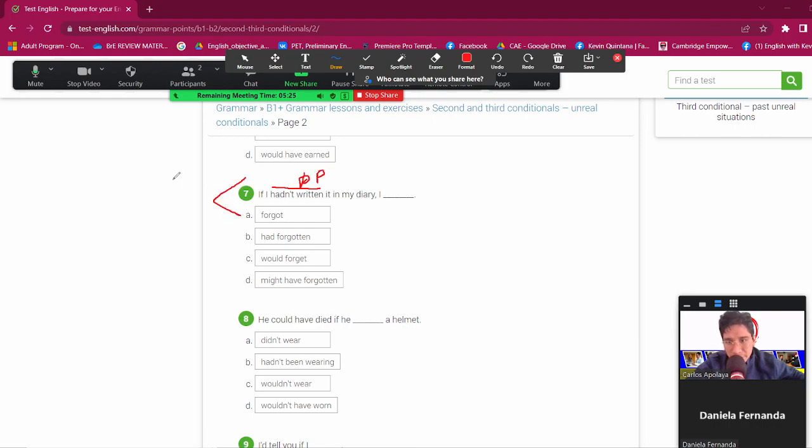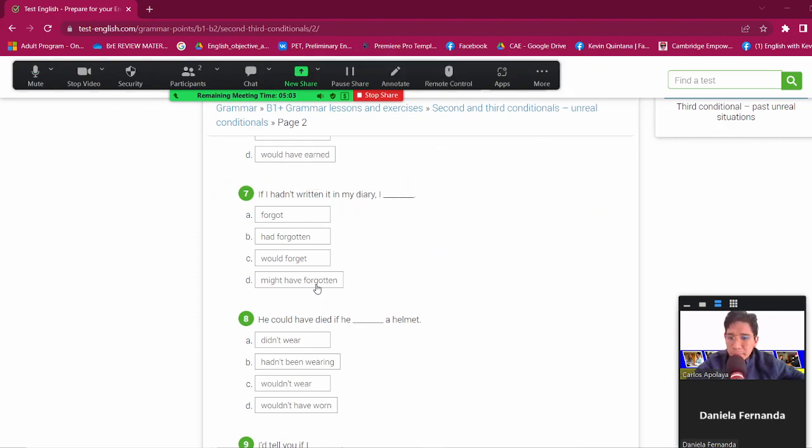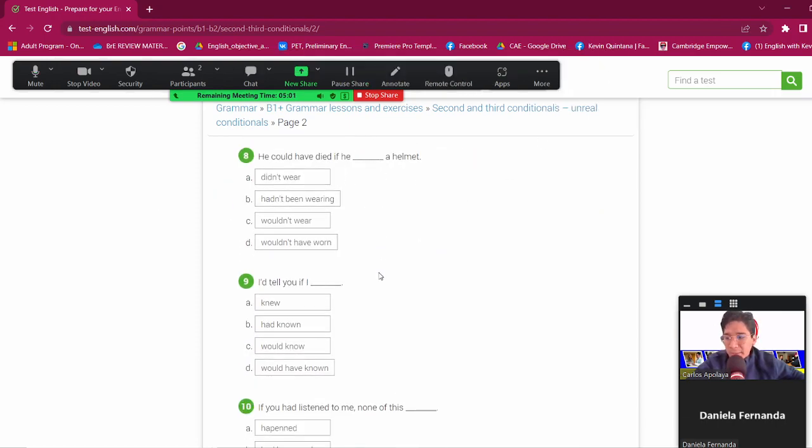Si es past, past perfect, es tercera condicional. ¿Mi resultado en qué va? Would have. Y ya ves, tú mismo lo dices. Would have y el verbo en past participle. ¿Cuál cumple esa? ¿Podrá ser esta? No. ¿Podrá ser esta? No. ¿Podrá ser esta? No. Recuerda que en vez de would puede ir might y puede ir could. Nice. Number 8.